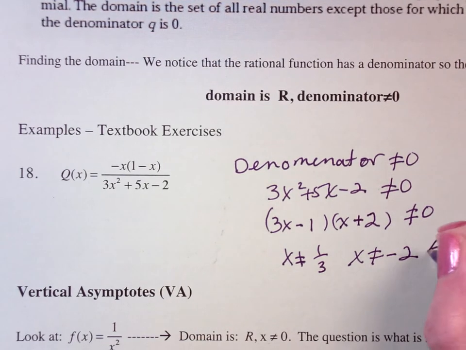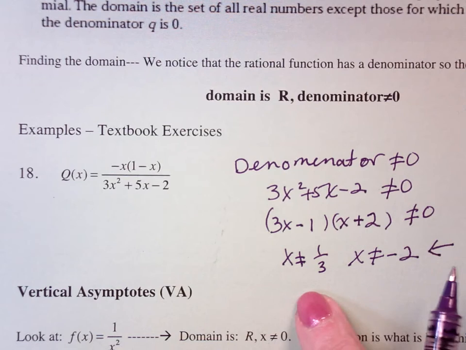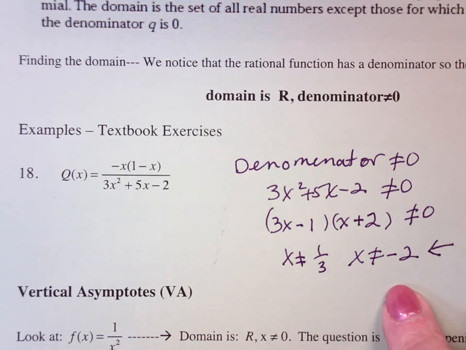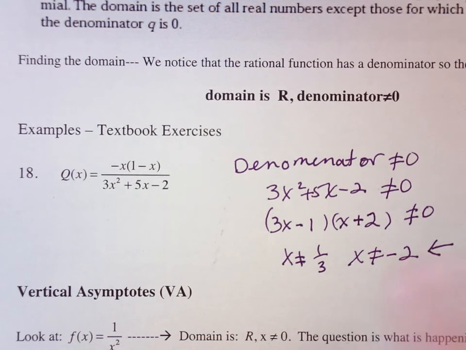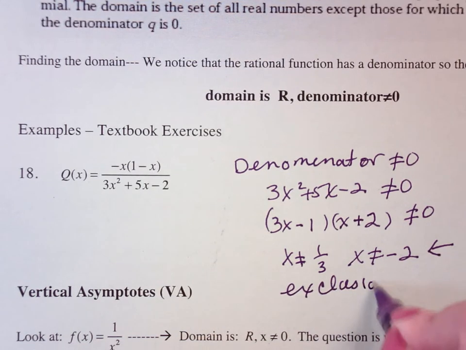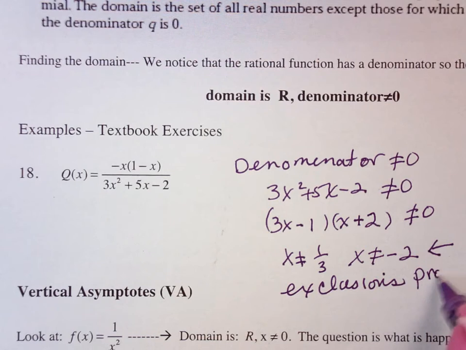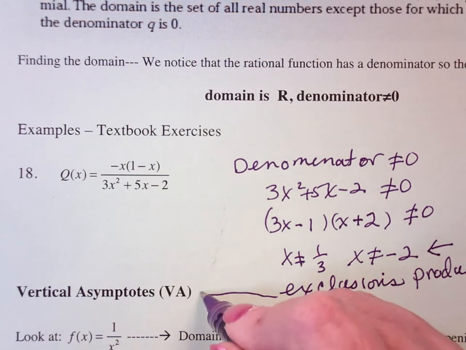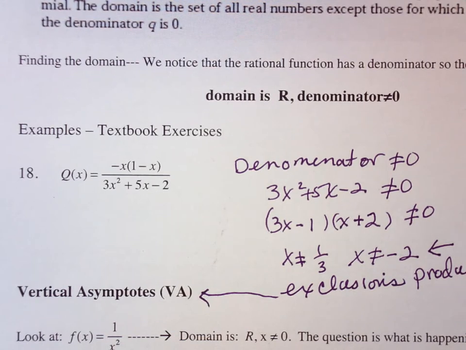These exclusions will now have meaning, because these exclusions produce something that we call the vertical asymptote.